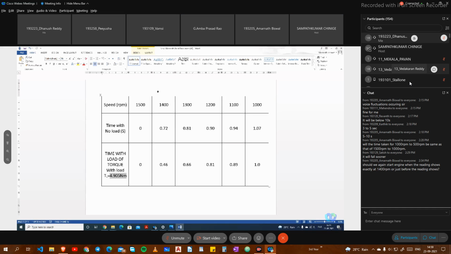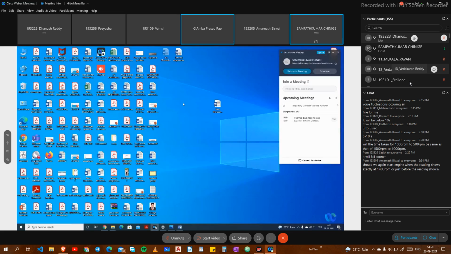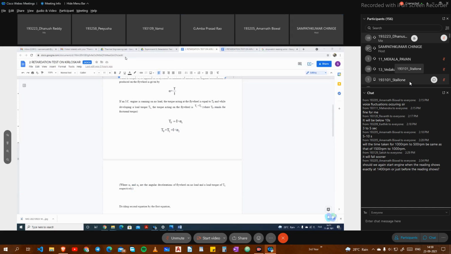So in the calculation part, we have shown what they have to do. I will show you that, and I will just share it. Zoom in a little. Just a minute. Is this the sheet, sir? Is it clear, sir?